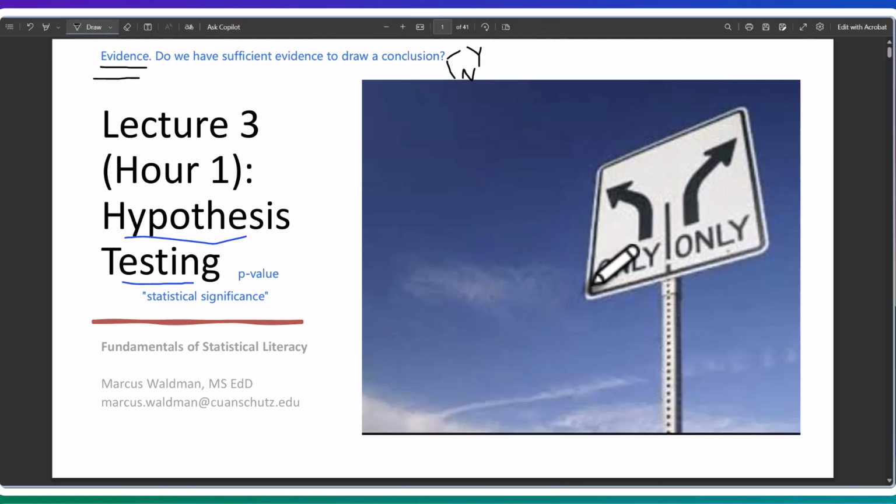That's what hypothesis testing does. It's an agreed upon procedure within the scientific community for taking something that's inherently not black and white and making it black and white. Either yes, you have sufficient evidence, or no, you don't have sufficient evidence.